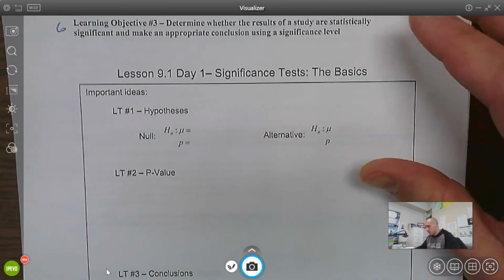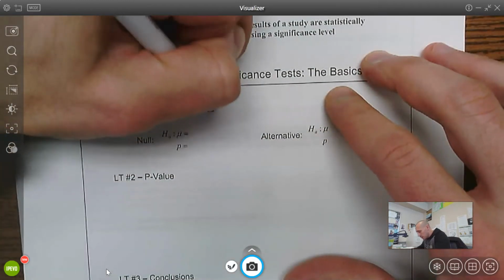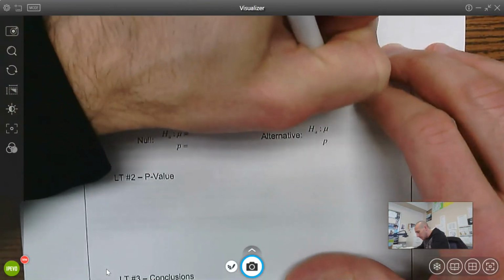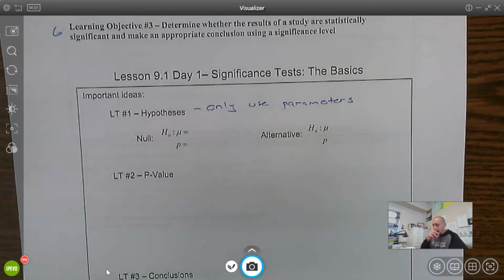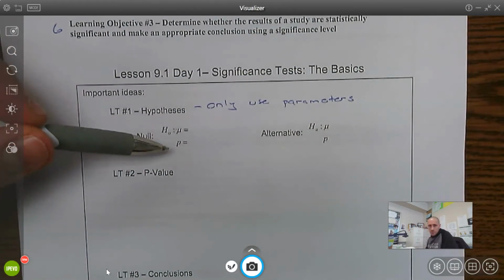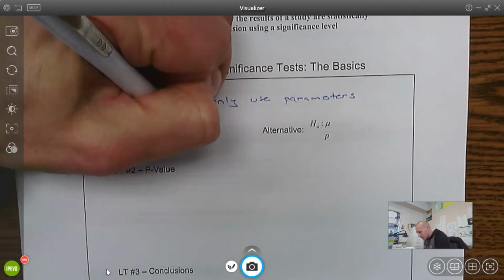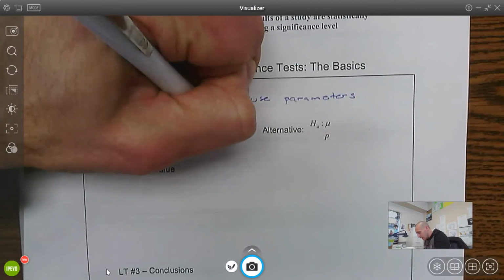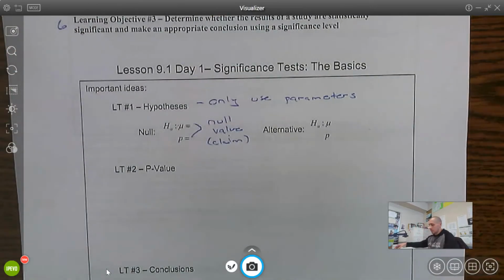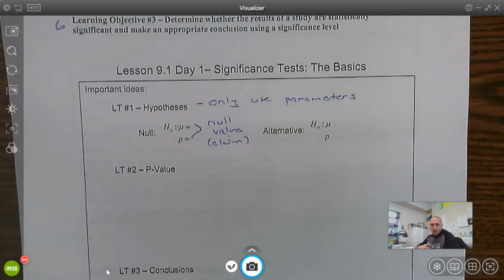So here's the idea. For hypotheses, you only use parameters. We're never going to make a claim about what happened in the sample because we know what happened. So you'll notice here, population mean, population proportion. Those will be the two that we use most frequently. So this is called your null value, which is your claim. And you'll notice H sub O, that's called the null hypothesis.